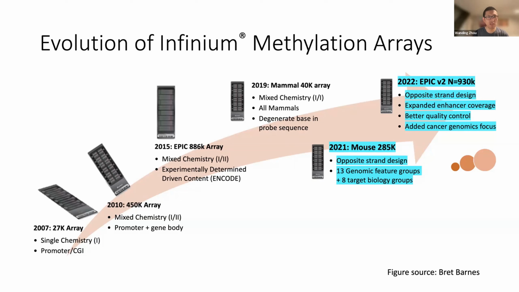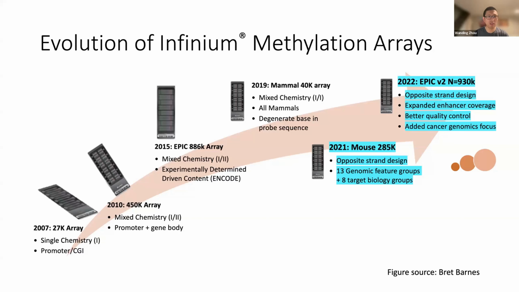Much of this reflects the developing understanding of methylation biology as well. For example, the HM27 only focused on CpG islands and promoters, but for 450K arrays, they also included the gene body, in recognition that gene body methylation could reflect gene transcription status.